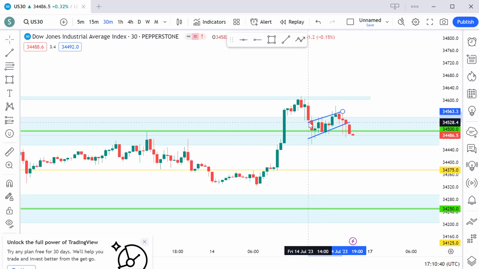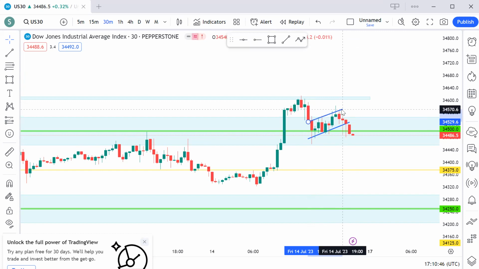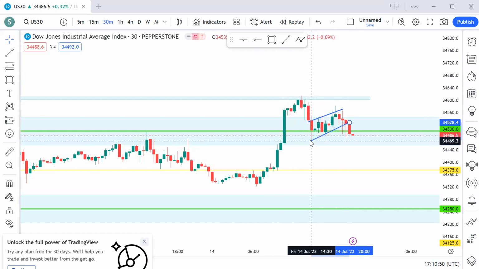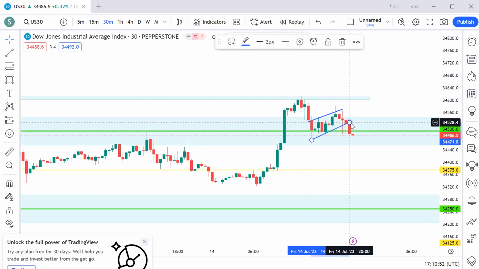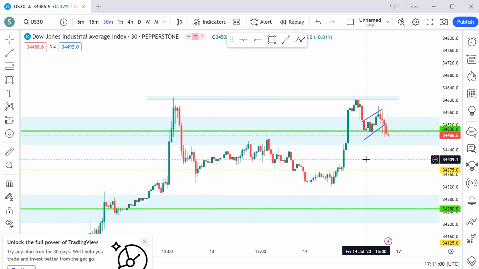Let's make it clean and tidy. I like a clean chart. Let's neaten it up nice. Okay, that's there. Our double top is there.